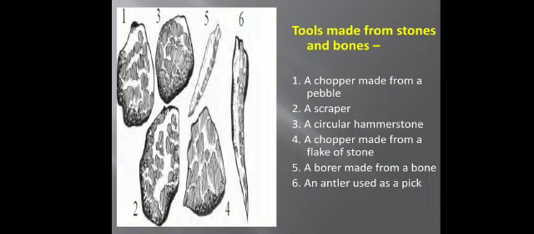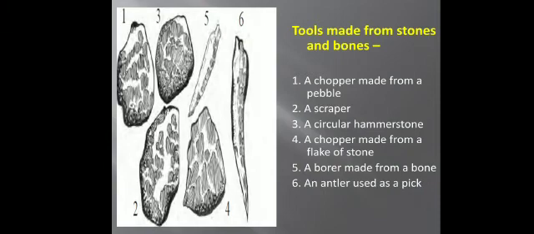But did he make only stone tools? The answer to the question is no, because he made tools from other materials also. However, of the tools made by humans thousands of years ago, only the stone tools can be found today.